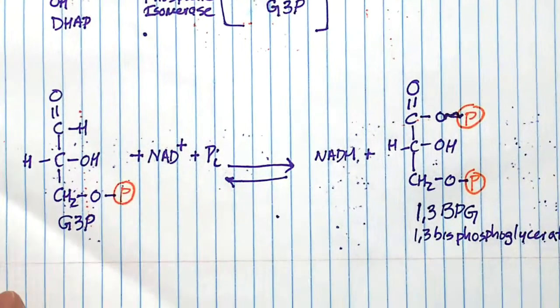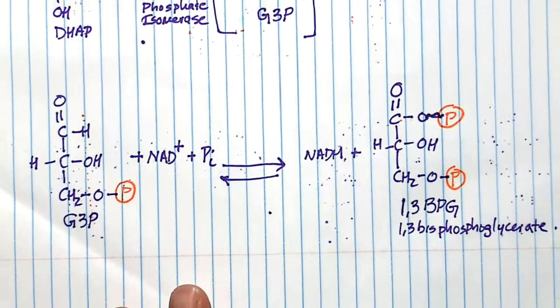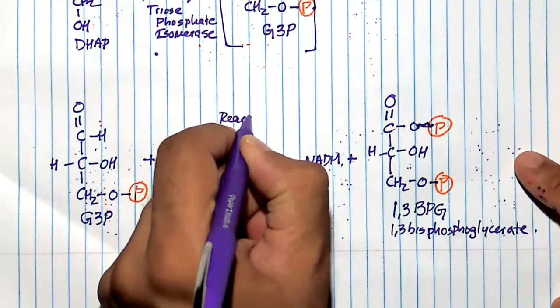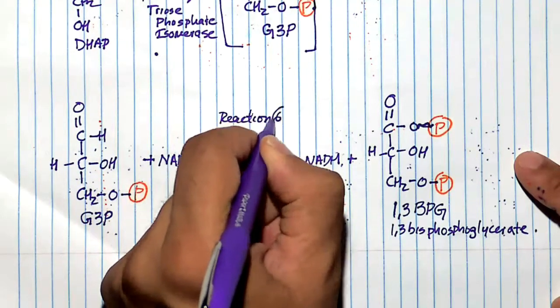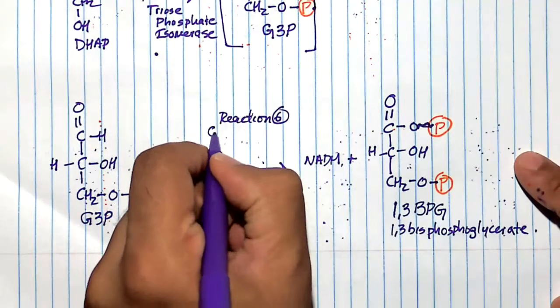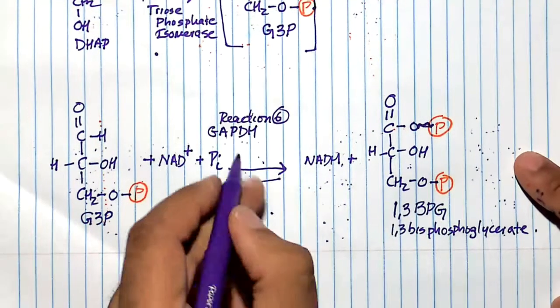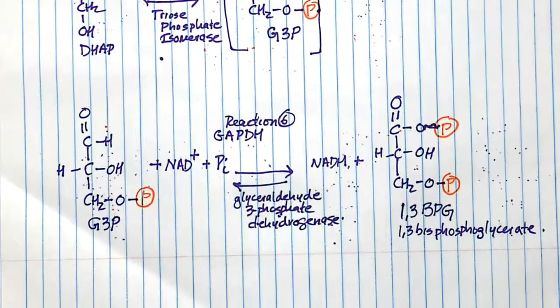The enzyme that catalyzes this reaction is glyceraldehyde 3-phosphate dehydrogenase, and it's reaction 6. GAPDH. Glyceraldehyde 3-phosphate dehydrogenase takes glyceraldehyde 3-phosphate and converts it to 1,3-bisphosphoglycerate.